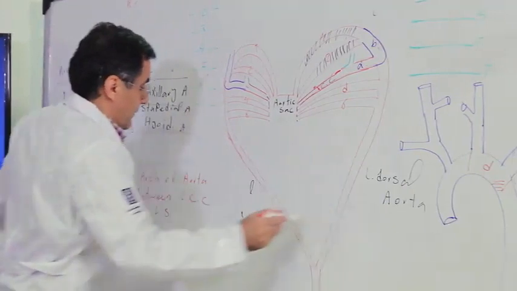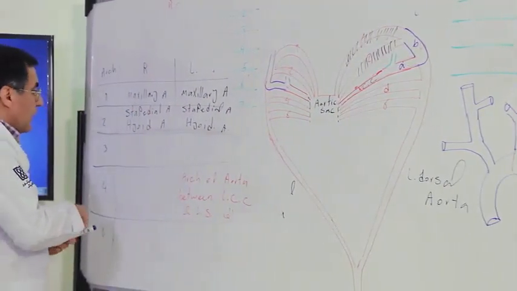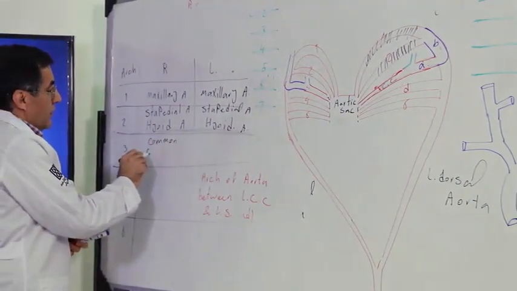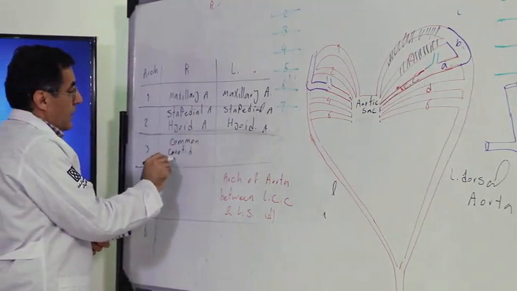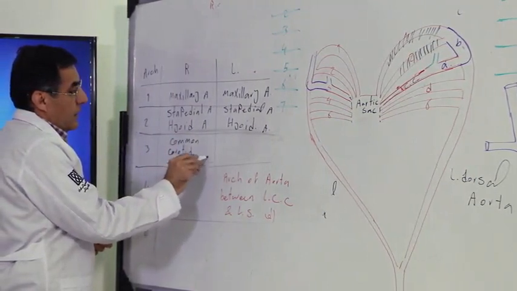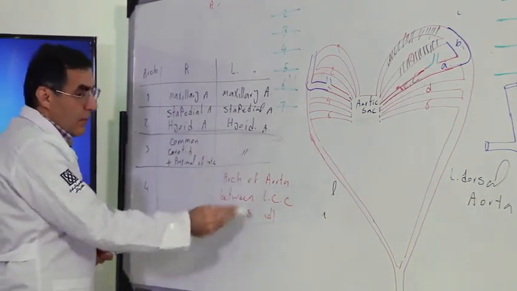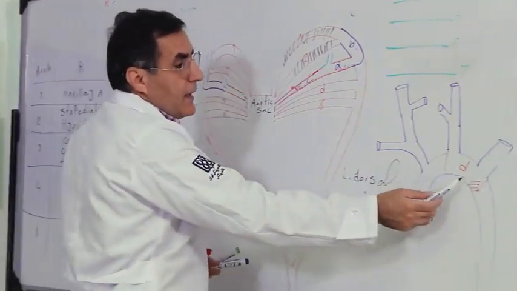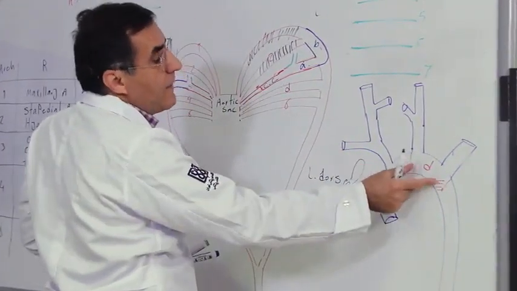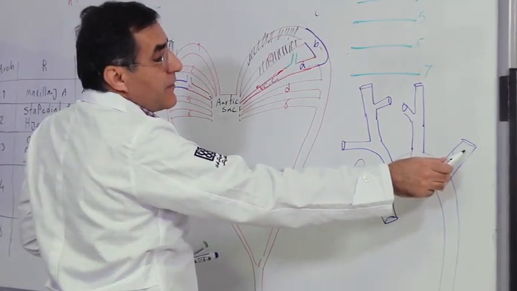Here we make a common carotid and the proximal part of the internal carotid, the same as before, but on the left side the fourth arc makes a part of the arc of aorta. And what about the left subclavian?